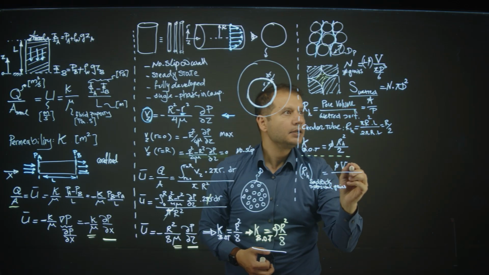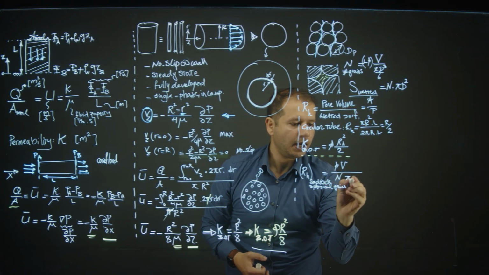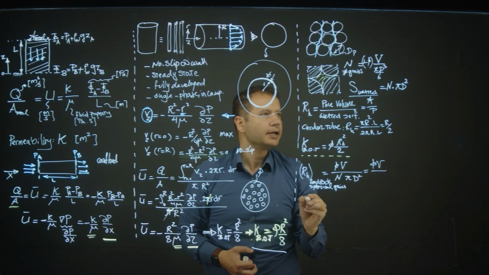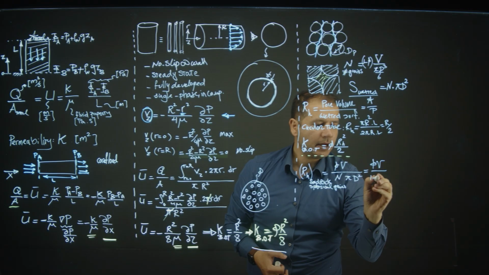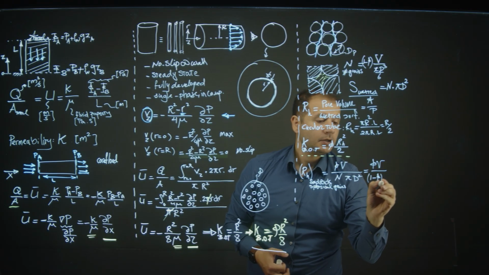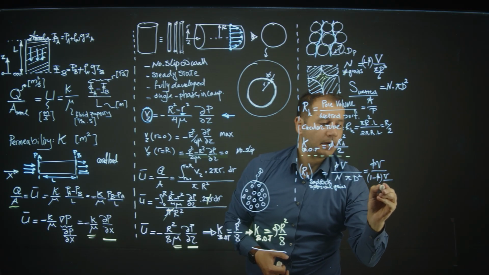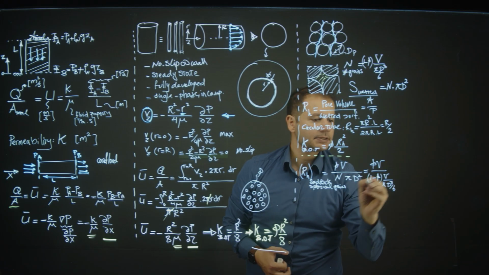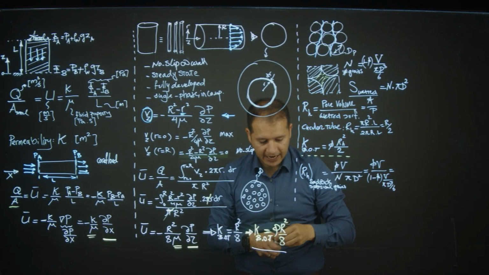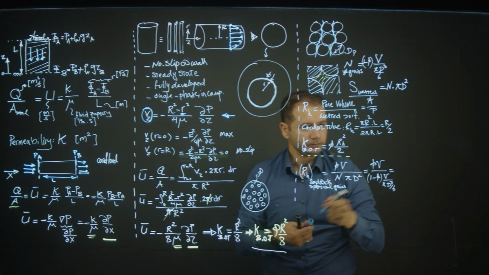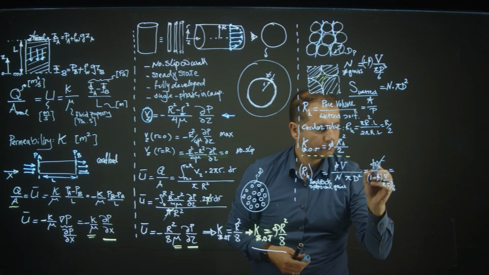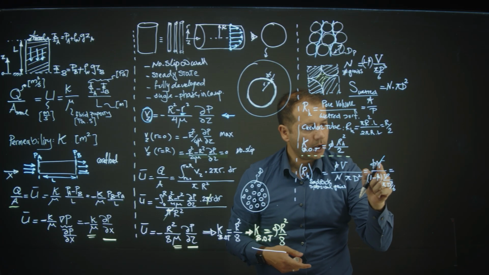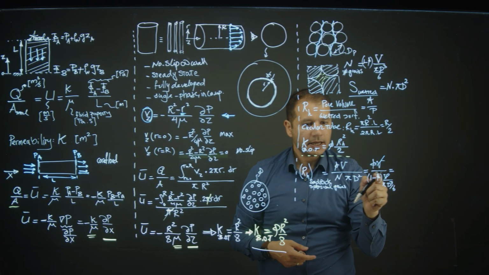It is N times pi d squared, where N is (1 minus porosity) times volume divided by pi d cubed over 6.